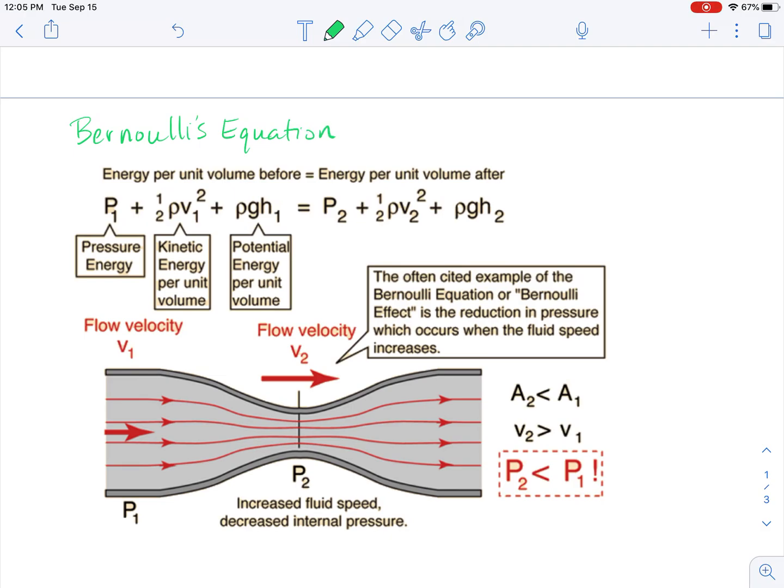And Daniel Bernoulli, the discoverer of the equation, actually didn't explain why there was a pressure difference. But Bernoulli's equation was based on observational data, and it is a statement of conservation of energy.